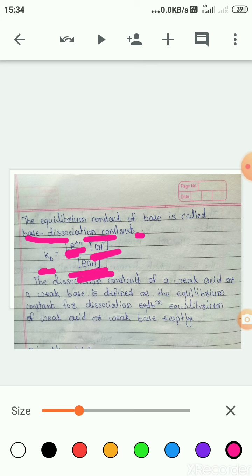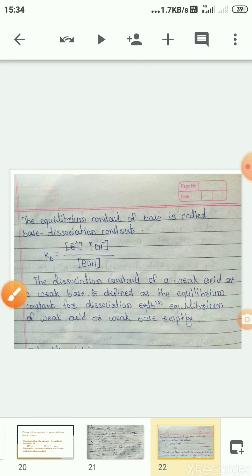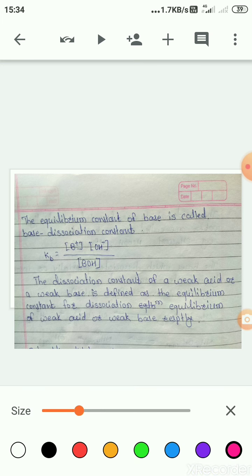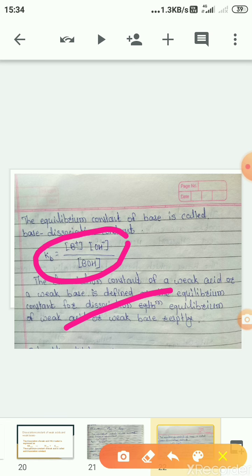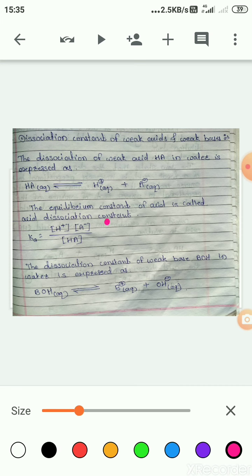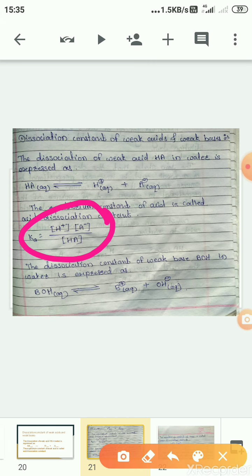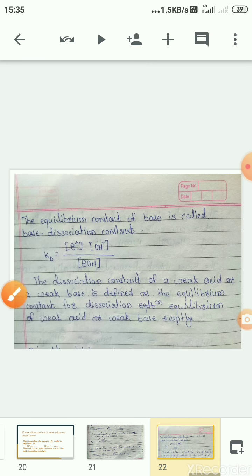So we have to remember two formulas here: the base dissociation constant as well as the acid dissociation constant. Ka is equal to concentration of H plus (aq) times concentration of A minus (aq) divided by concentration of HA, and these concepts are important for the next topic.